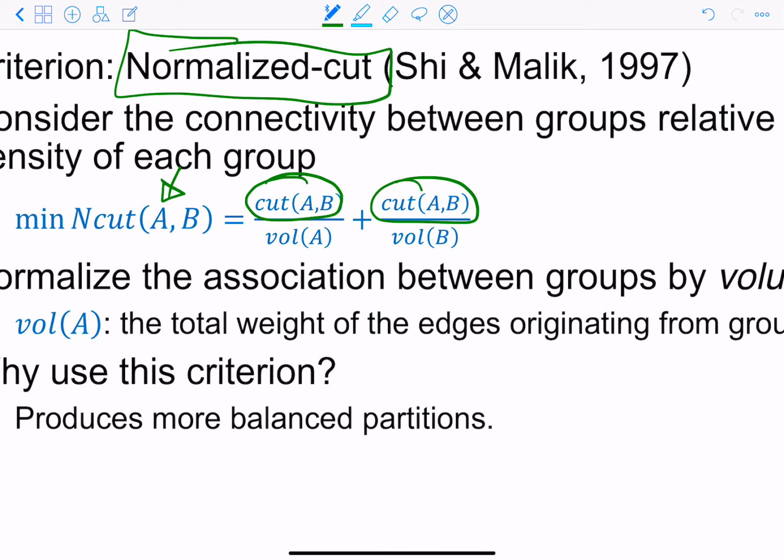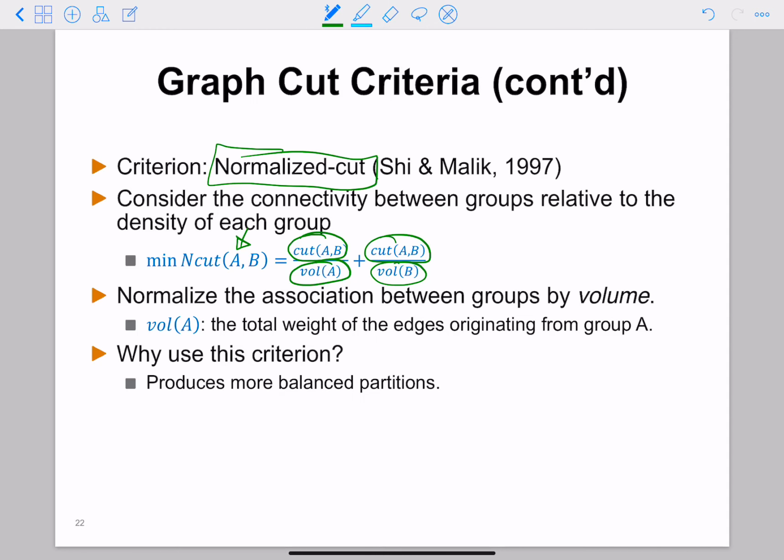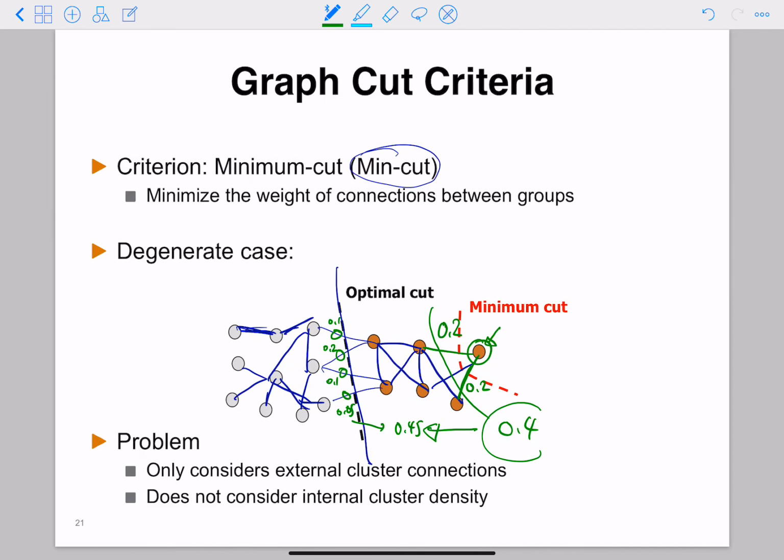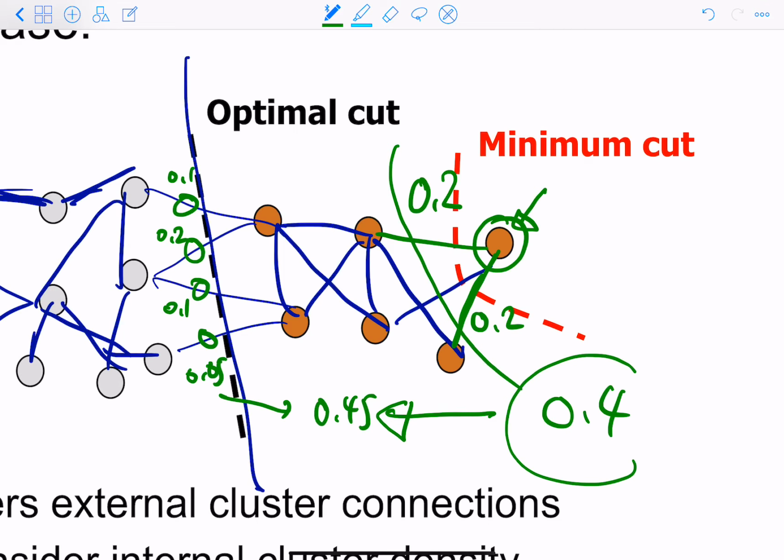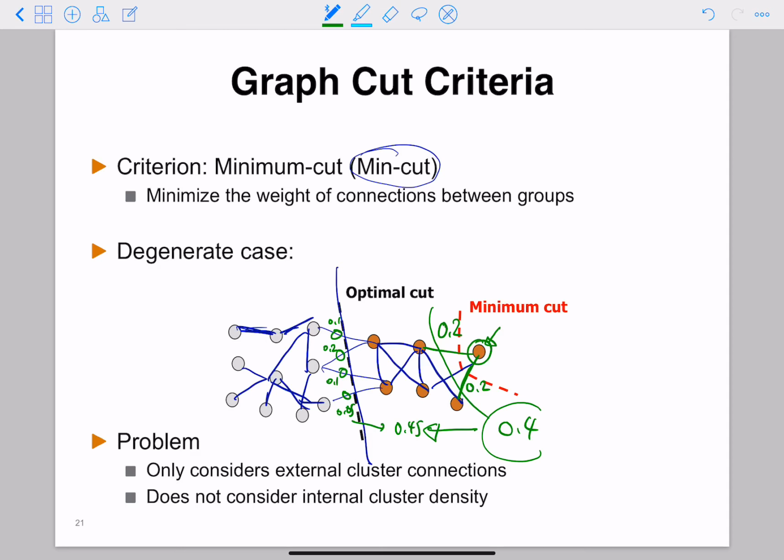These are the cut measures that we had to sacrifice or minimize, but each cut measure is normalized by the volume of each cluster. The volume is the sum of edge weights belonging to a single cluster.